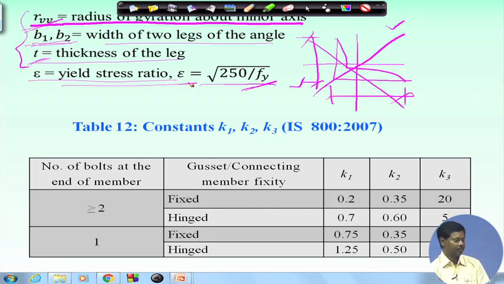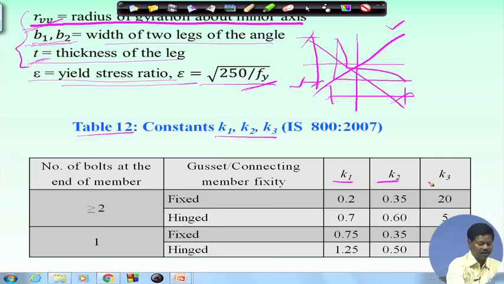And these constants k 1, k 2, k 3 can be found in table 12 of IS 800 2007, where the values of k 1, k 2 and k 3 are defined.